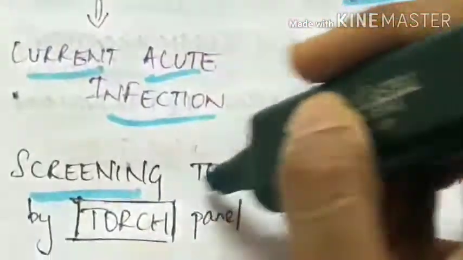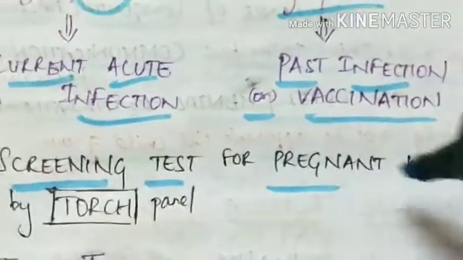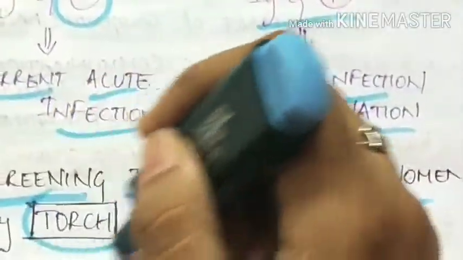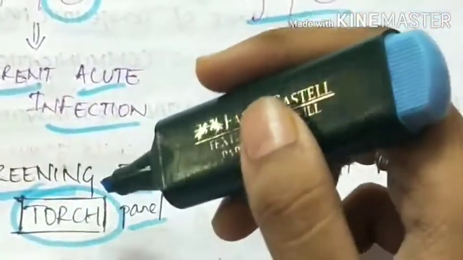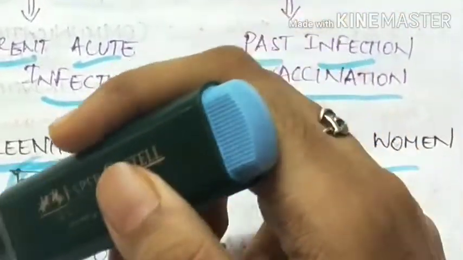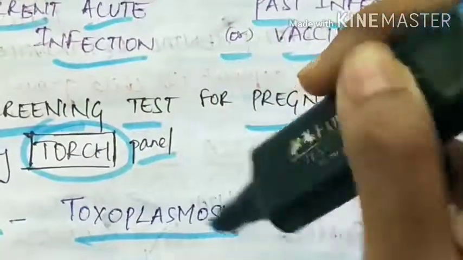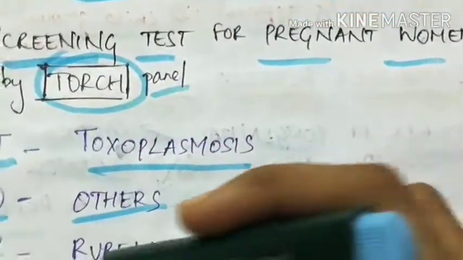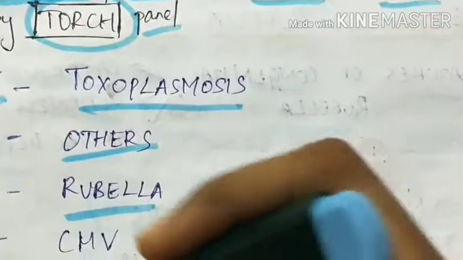Next, a screening test is performed for pregnant women by TORCH panel. TORCH stands for the infections: T for toxoplasmosis, O for others, R for rubella, C for cytomegalovirus and H for herpes.